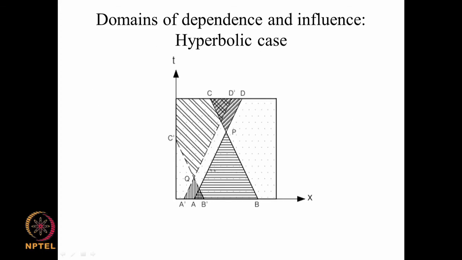And in the case of the hyperbolic case, P here would be sensitive to only changes in the boundary conditions between A and B, and not any change here, not any change here. But if you go further up in time such that the characteristics intersect part of this, then P is sensitive to these boundary conditions and these boundary conditions.